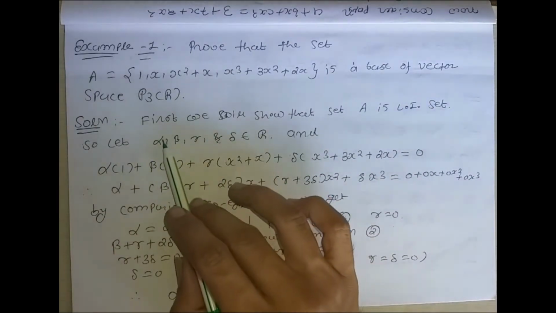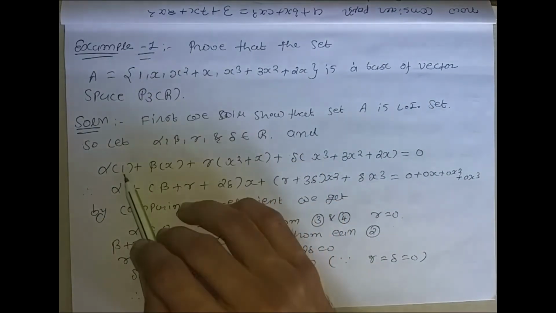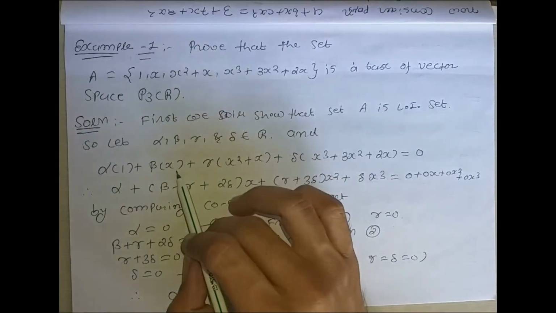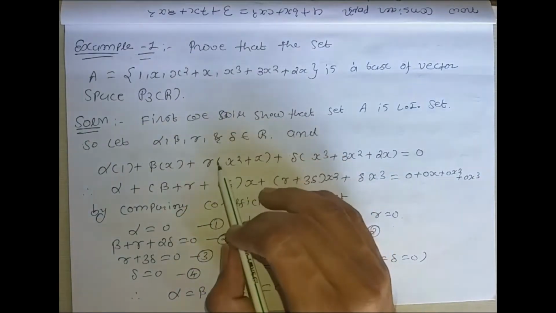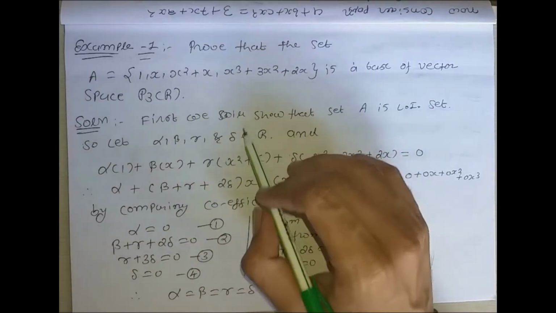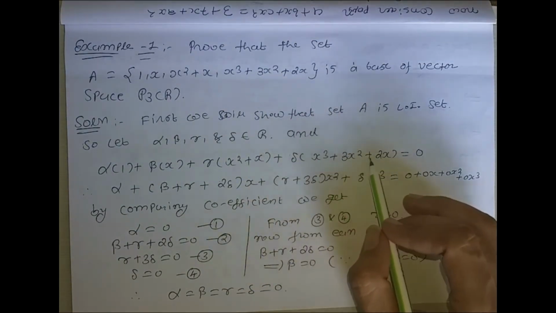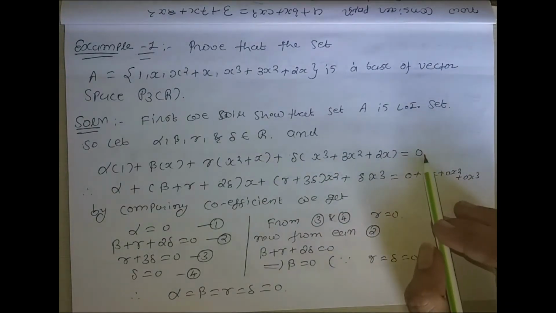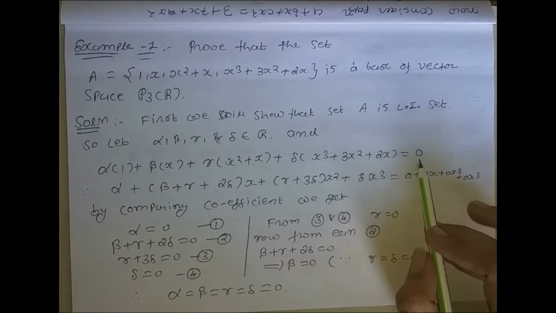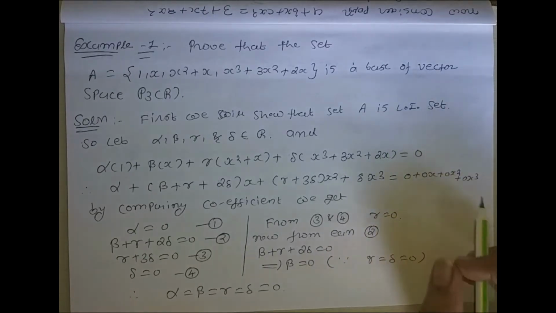So consider the linear combination: alpha multiplied with 1, beta into x, gamma into x square plus x, and delta into x cube plus 3x square plus 2x is equal to the 0 polynomial. Because we are in the polynomial space, this is the 0 polynomial.